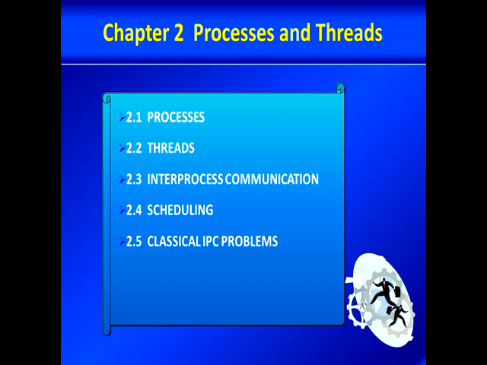And each process has its own address space and its own life cycle, from the time you create it to the time you terminate it. During the life cycle, there are some different basic states for a process.